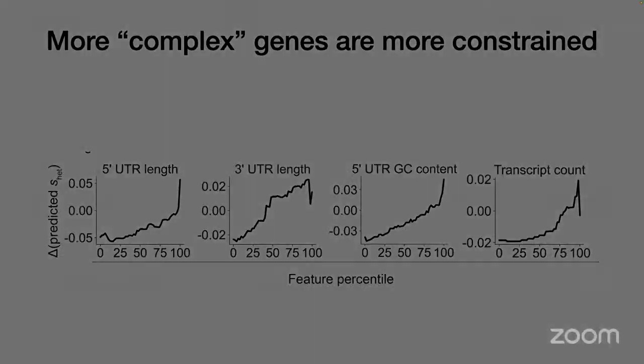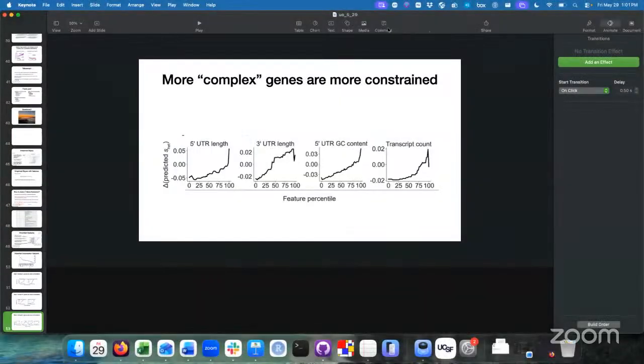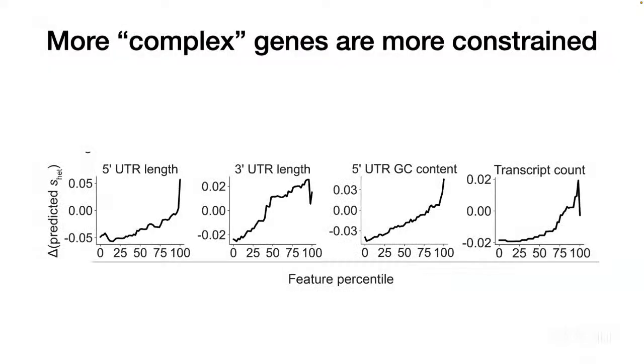In terms of gene sets, I don't have a slide. All genes are kind of all over the place. We didn't see any clear patterns in terms of GO, but olfactory receptors are definitely enriched for weaker selection. Mendelian disease genes are way enriched for strong selection, but everything else was kind of all over the place.